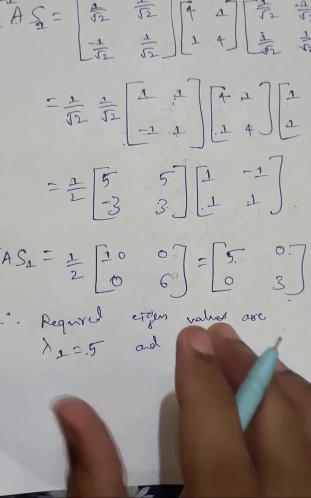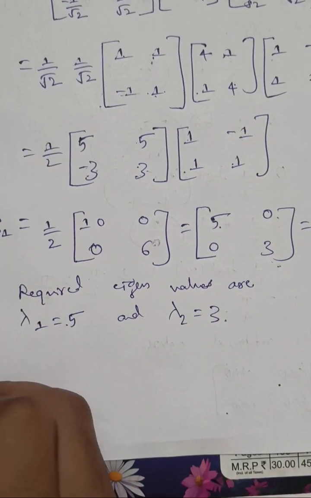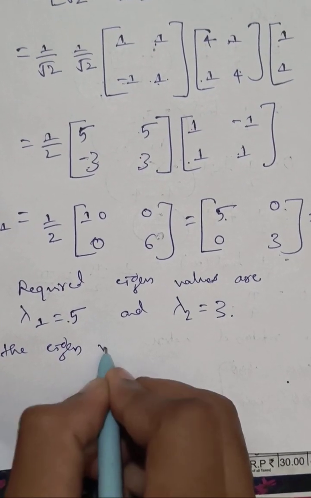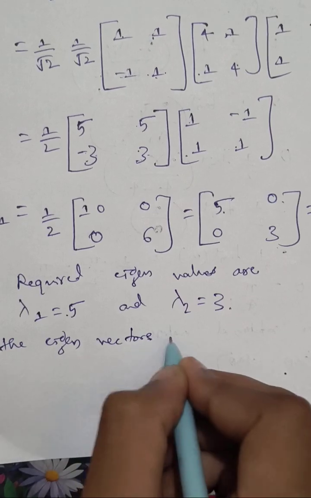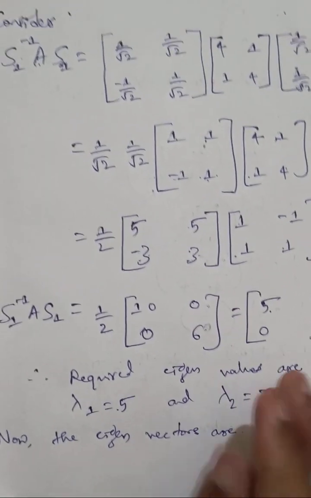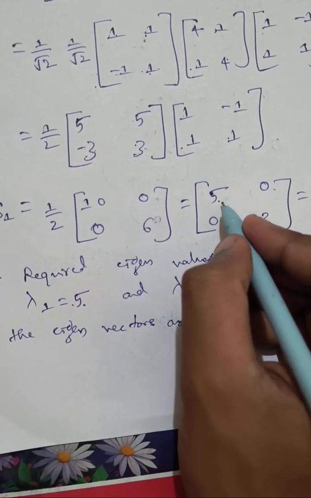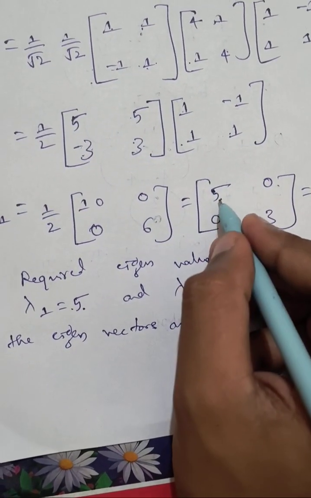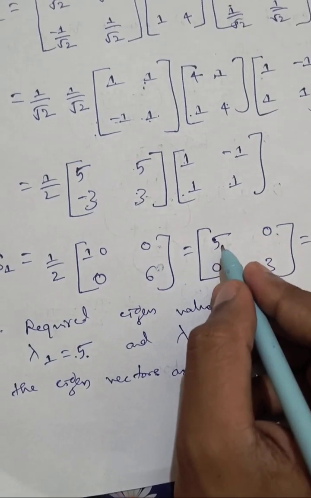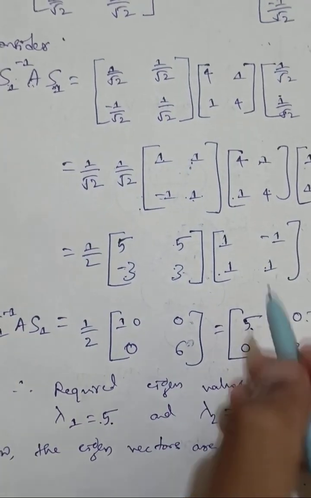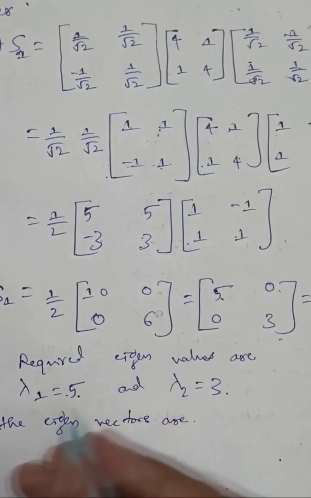Now to find the eigenvectors. So what are the eigenvectors here? This 5 is situated in the first row, first column. So we have to consider the first column of the S1 matrix as the first eigenvector.